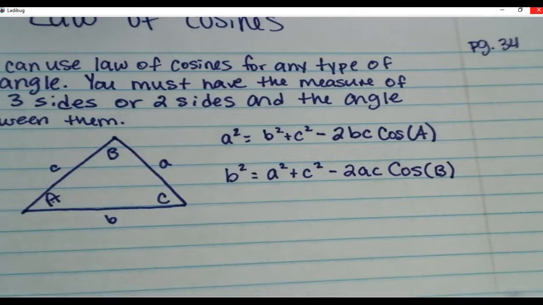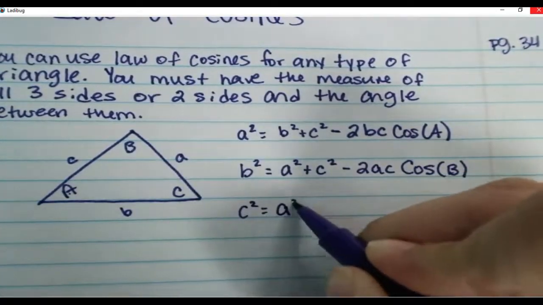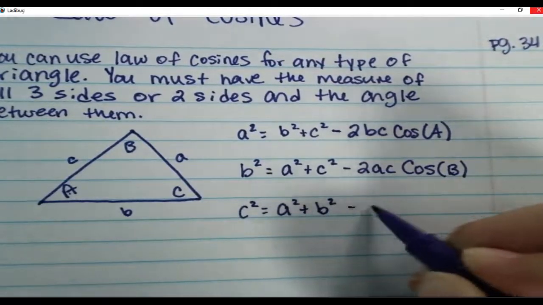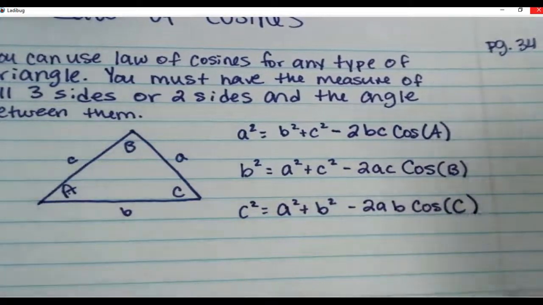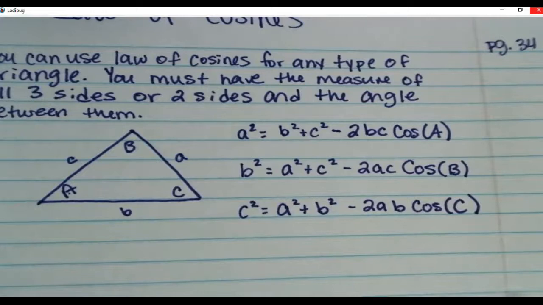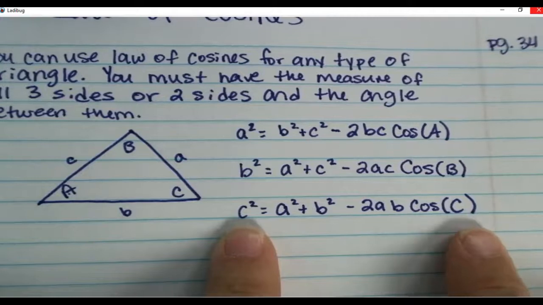So if you start with A, you have to finish with big A. If you start with B, finish with big B. And same for C. So we could have c squared equals a squared plus b squared minus 2ab cosine of C. So whatever side you start with, you have to finish with that opposite angle.